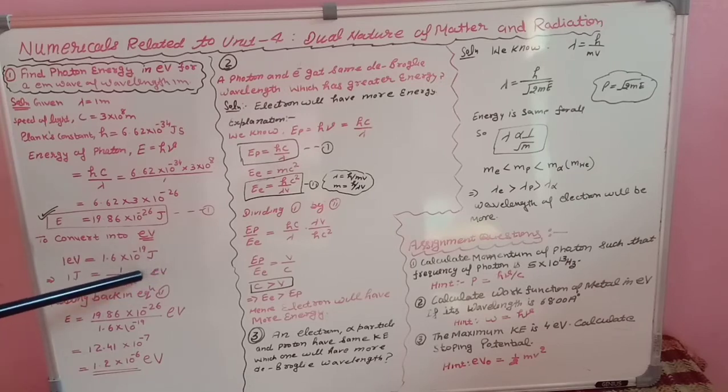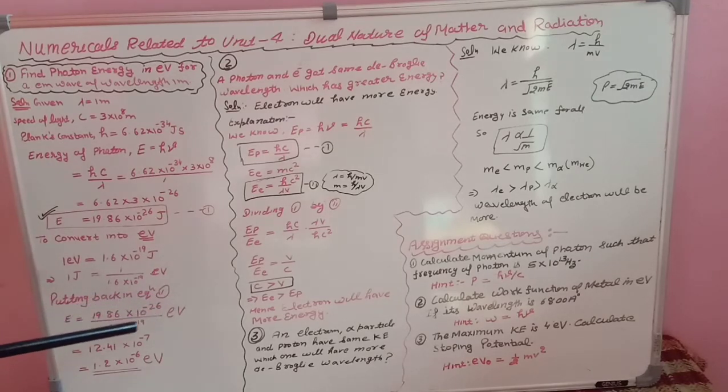This number is very familiar to you, so you will not face any problem in learning this numerical value. So 1 joule I will keep on one side. This whole numerical term will go in the denominator, so it is 1 upon 1.6 into 10 raised to minus 19 electron volt.